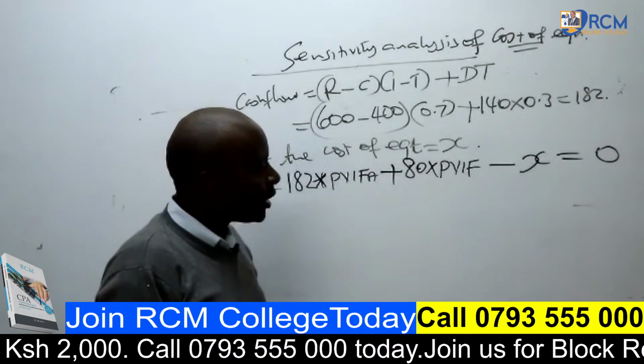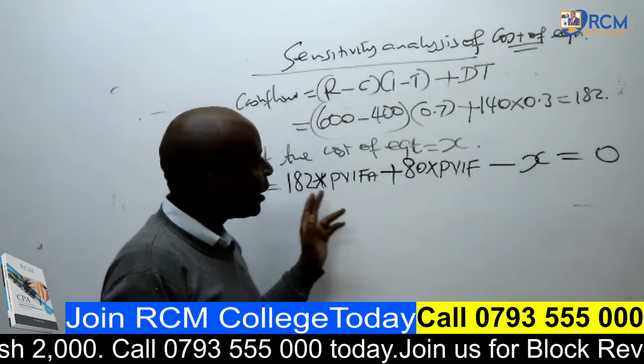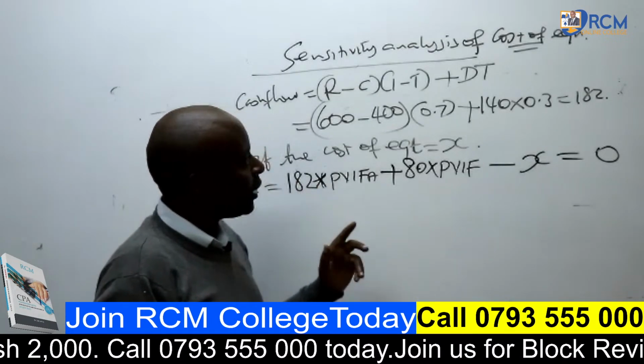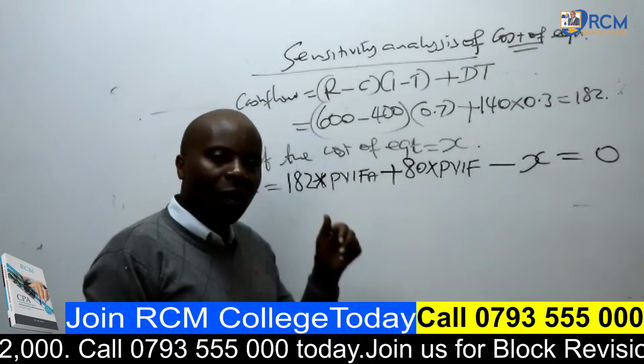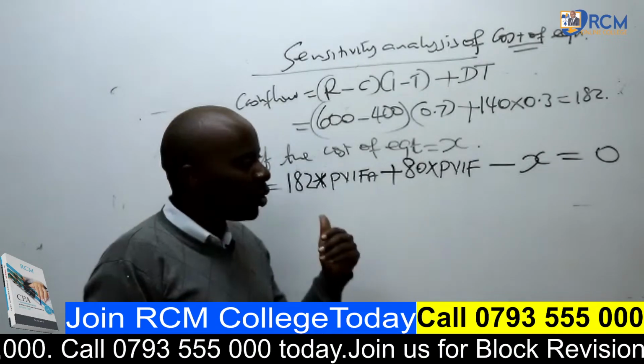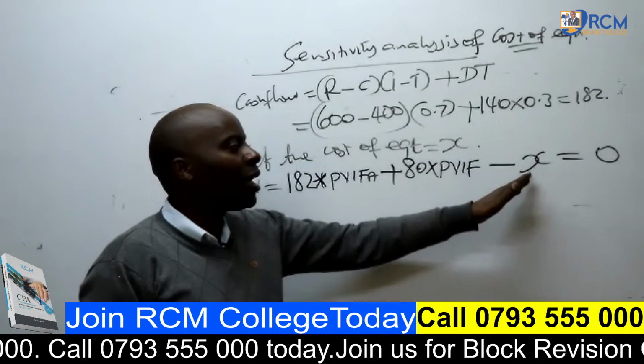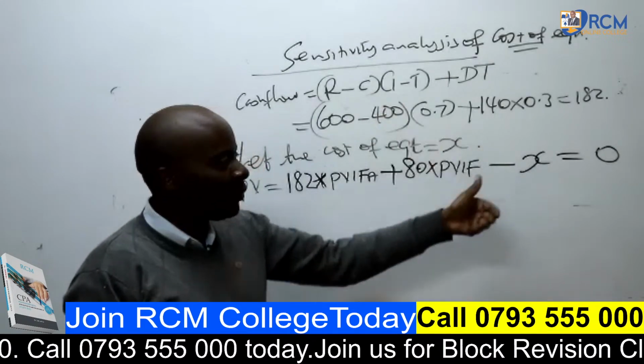I'm repeating again, ladies and gentlemen, this is break-even point sensitivity analysis where our new net present value should be equal to 0. And then now you come and evaluate X. Make X the subject of the formula.